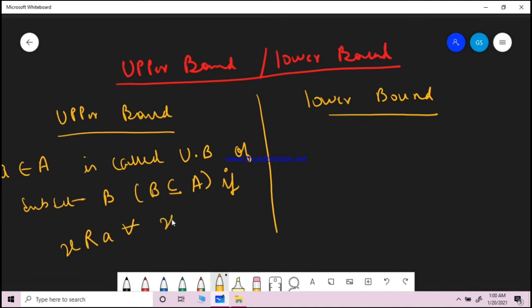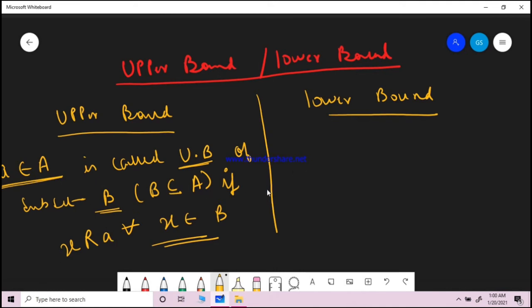x is related to a for all x belongs to B. What does that mean? This means that the element a belongs to A, and is called the upper bound of the subset B if every element of B is related to a. I'll explain that.